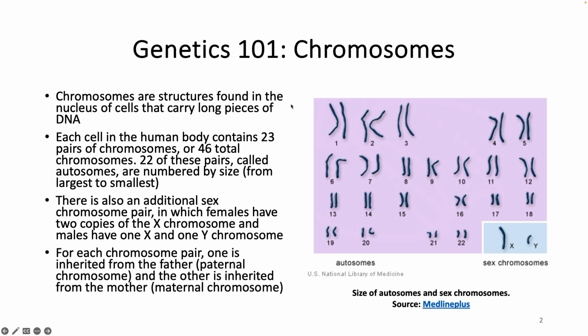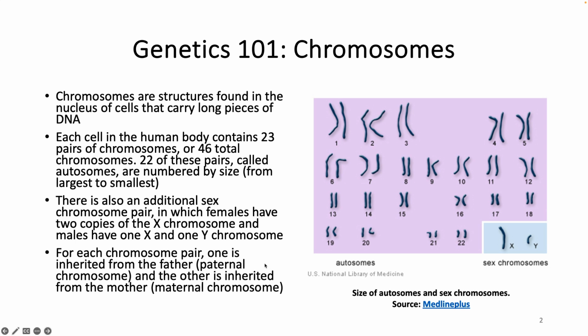And then there is also one additional sex chromosome pair. In females, they will have two X chromosomes, and in males, there will be an X and a Y chromosome. And for the females, the X chromosome does recombine like the other autosomes, but the Y chromosome largely does not recombine.